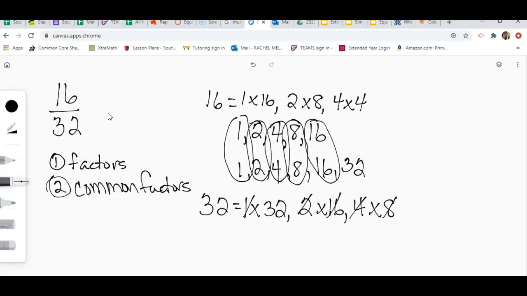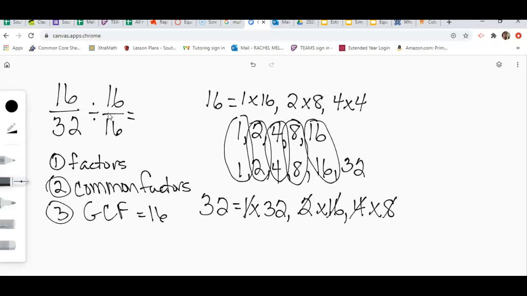So I could divide both of those numbers by all of these factors. And then lastly, the greatest common factor. So I can see 16 is the biggest one here. Since 16 is the biggest, I'm going to divide both of these by 16.